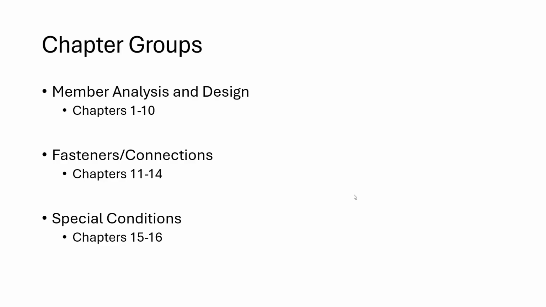So given the scope of the exam and even the scope of the coursework, unless there's an advanced wood design course, you're just trying to get the general layout of what's going on. So you're really not going to see a whole lot of special cases within those two ideas.